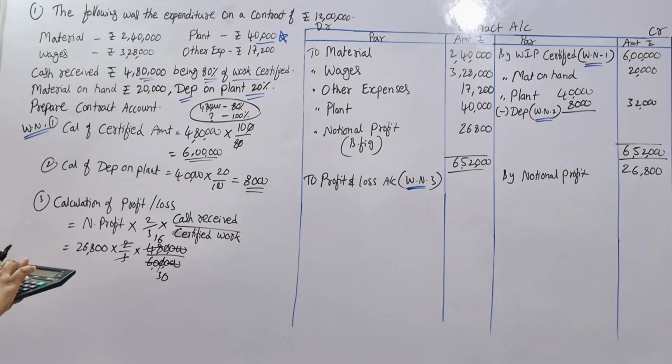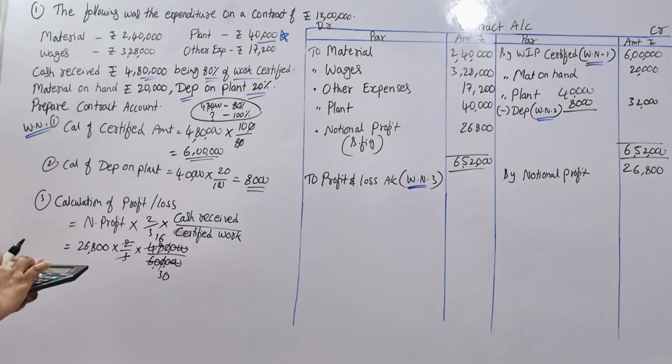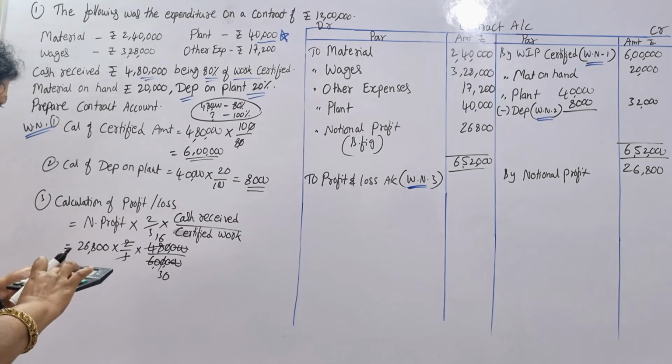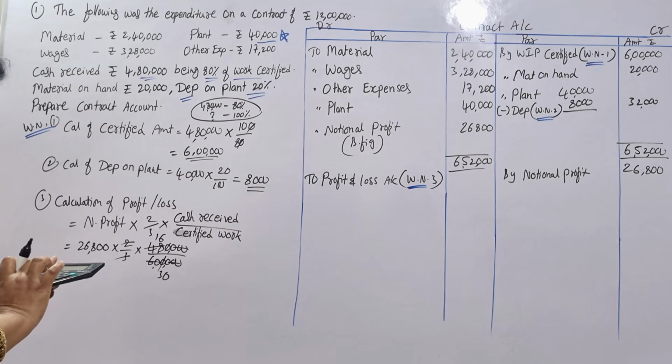If you calculate it, 26,800 into 16 divided by 30 comes to 14,293.